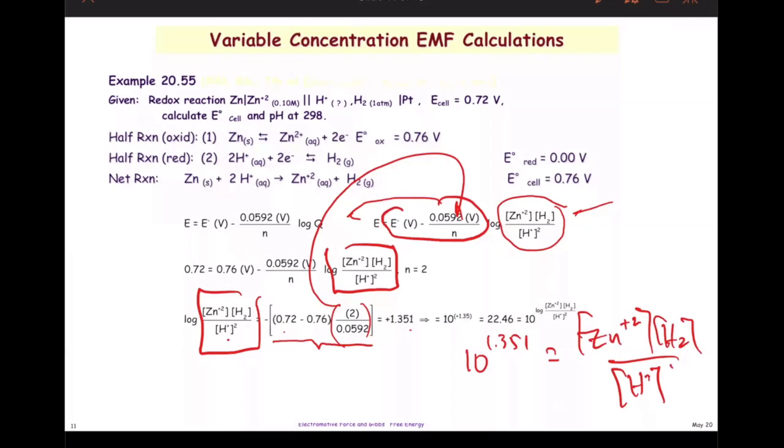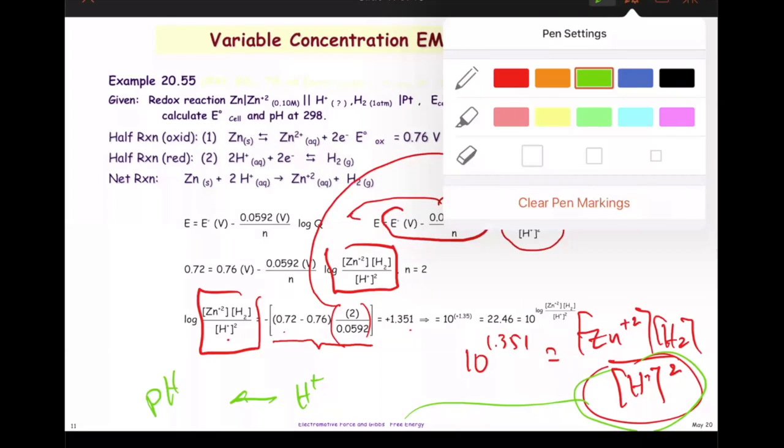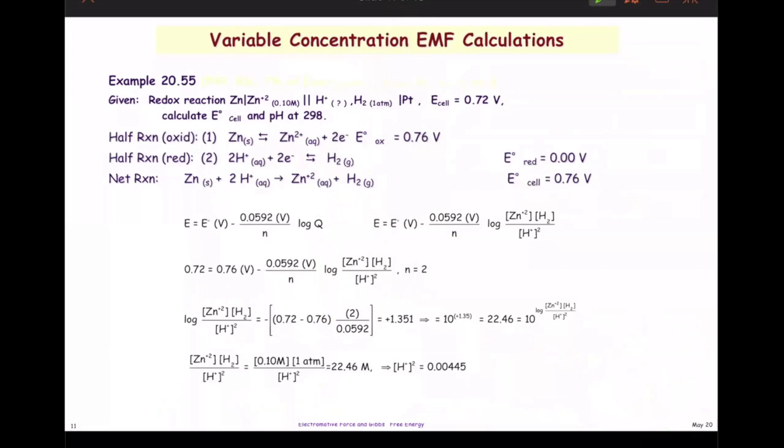And we're solving for this right here, because when we can get H plus, we can get pH. Carrying out the math, this is what we have. And this quantity right here, 10 to the 1.351, that's 22.46.